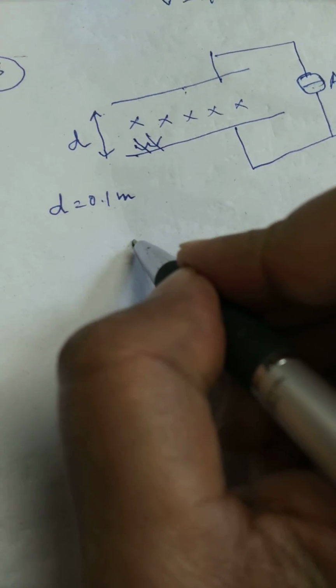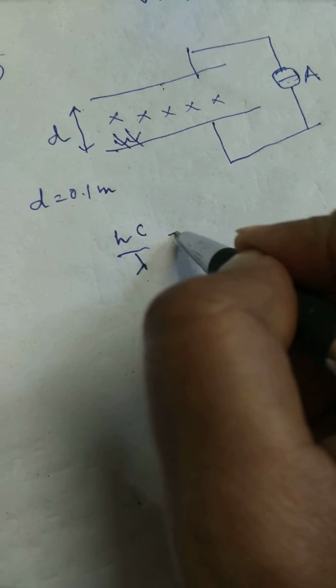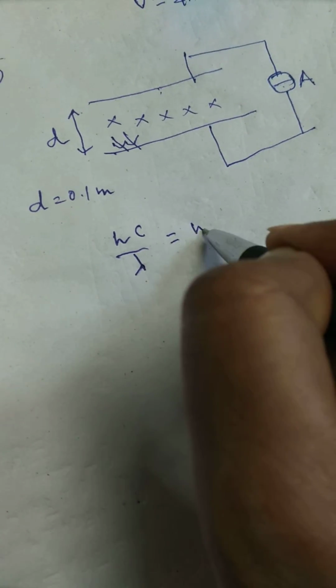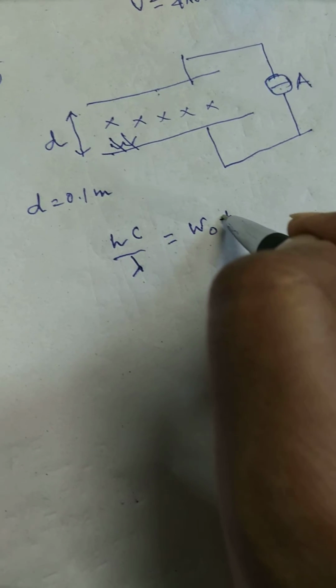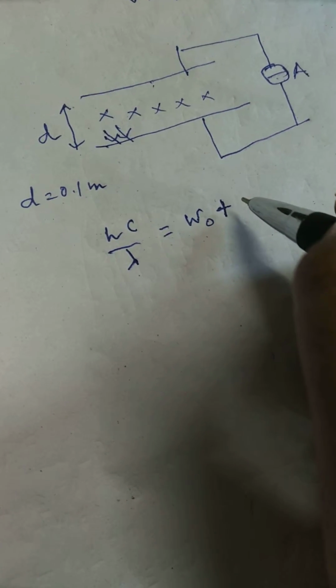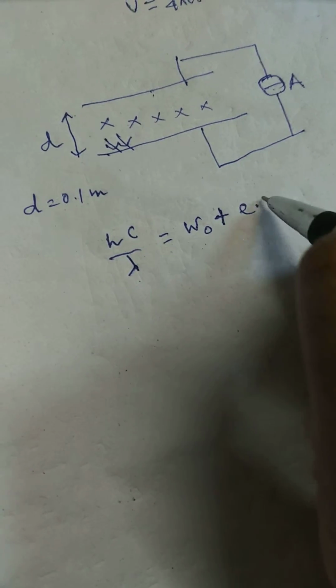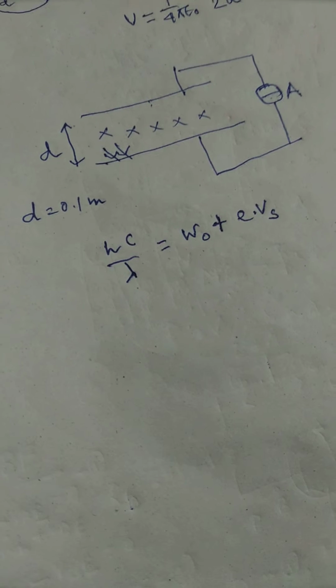So I have the equation hc by lambda is equal to work function plus eVs, where Vs is the stopping potential.